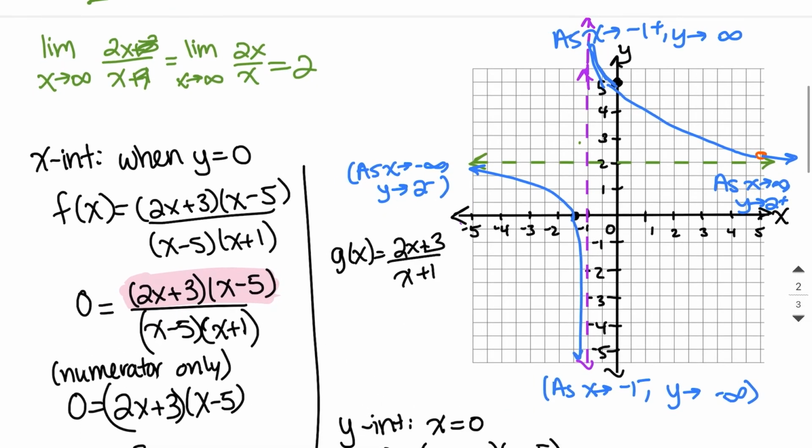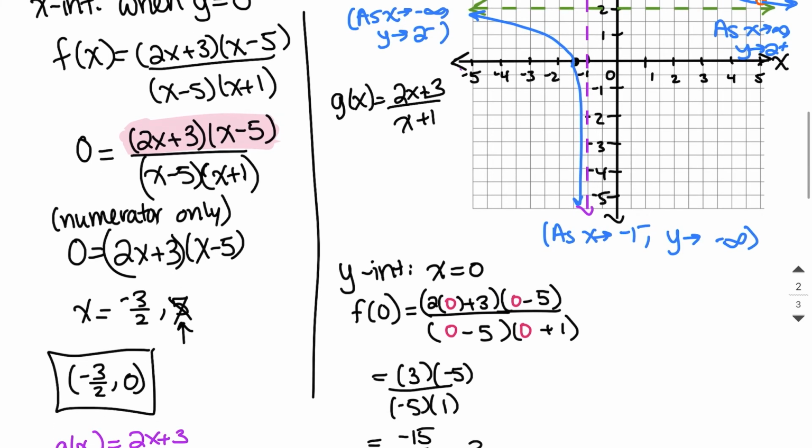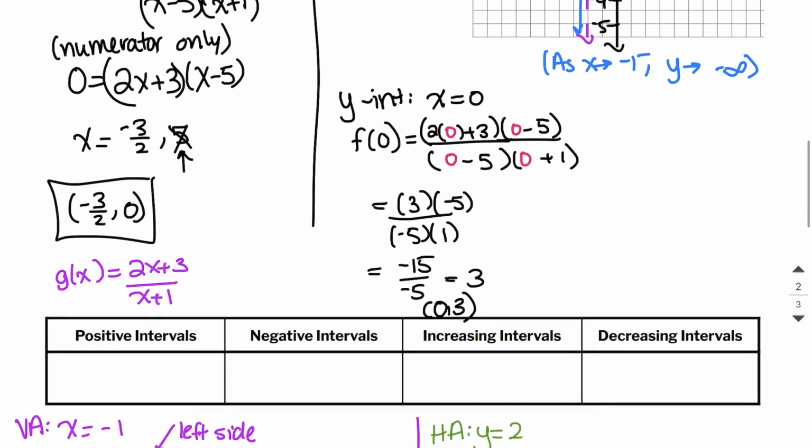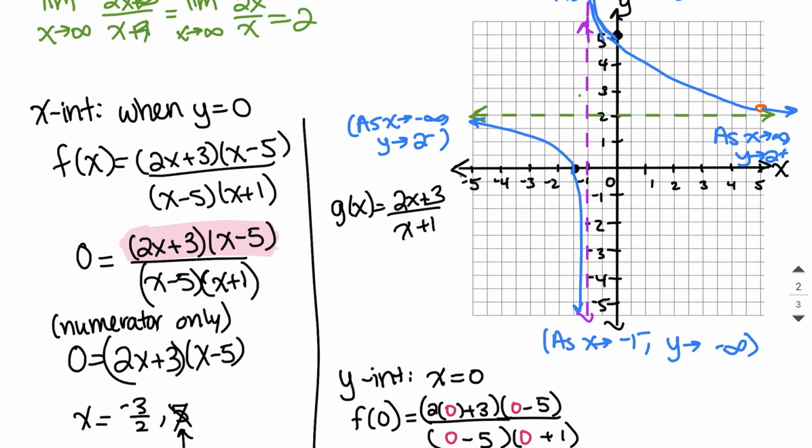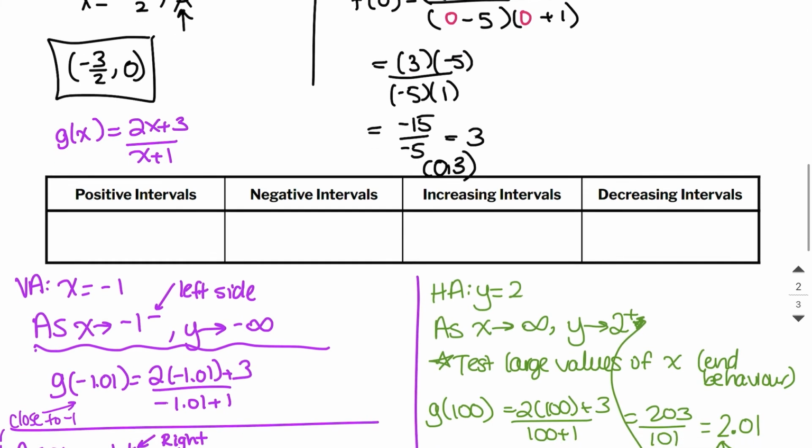Okay, so now we can go ahead and do our positive negative intervals and our increasing decreasing intervals. I can see right here that my graph is positive from negative infinity all the way until my x-intercept, which is -3/2. And it does not include -3/2.